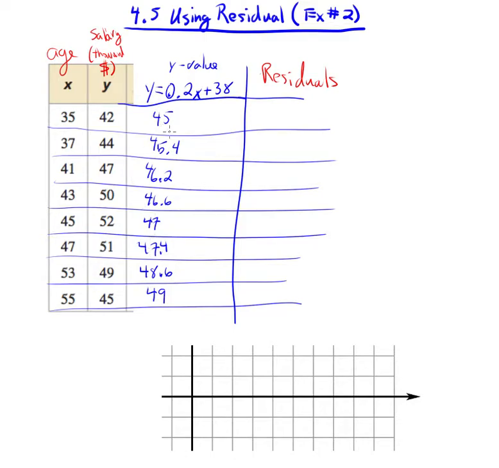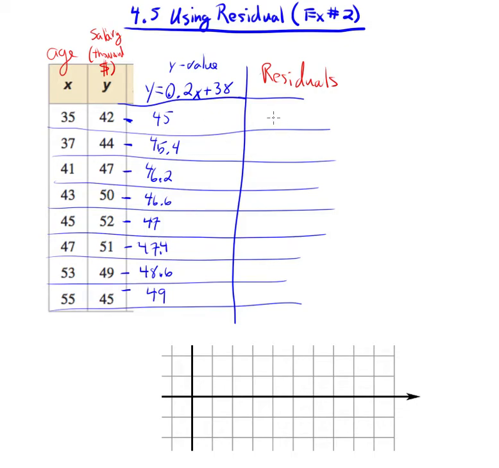I would use a calculator to help calculate those. And to find those residuals, remember we have to subtract the y values from our model equation away from the salary y values.